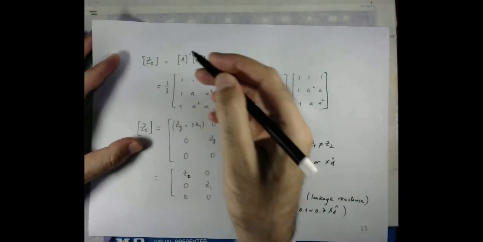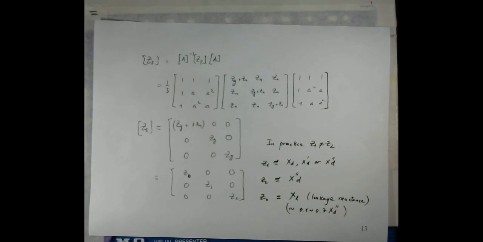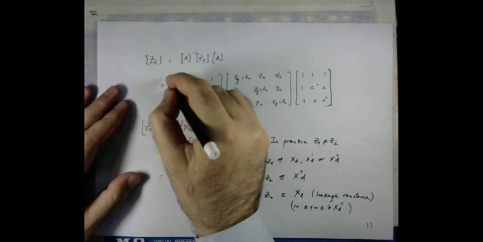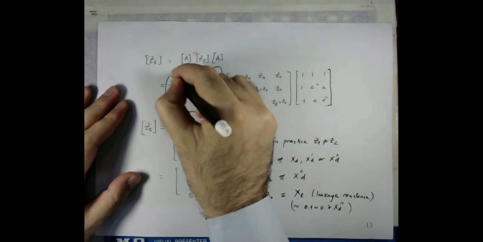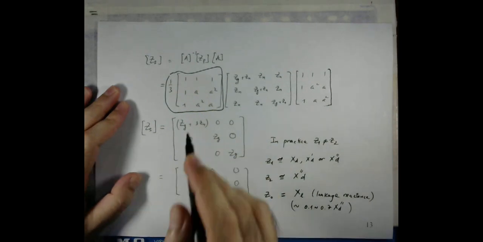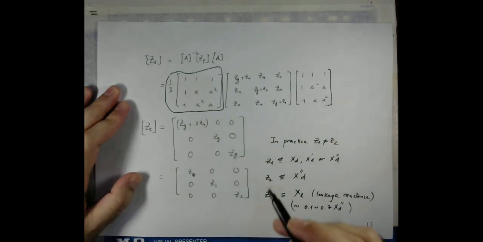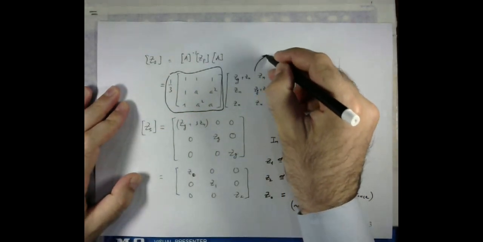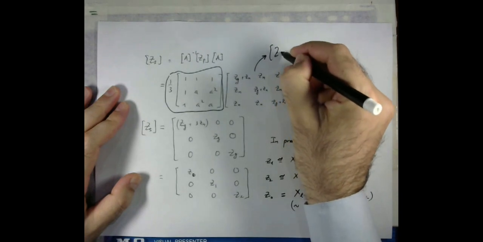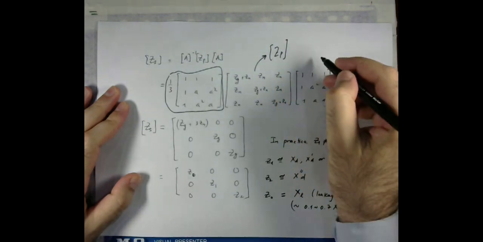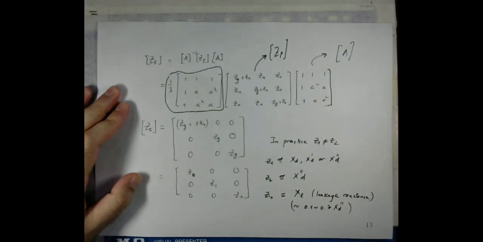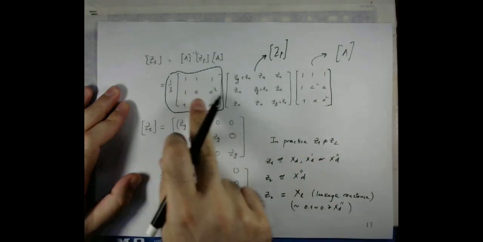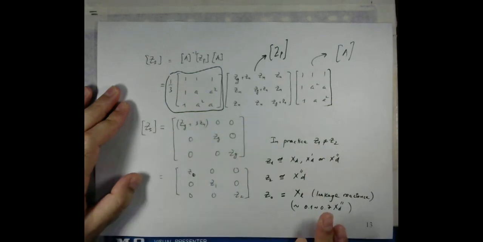So we have discussed the inverse of the transformation matrix, which is equal to this matrix 1 over 3. This represents the inverse of the transformation matrix. This is the impedance matrix, which is Zp, and this is the matrix A. So now taking the multiplication of these three matrices.